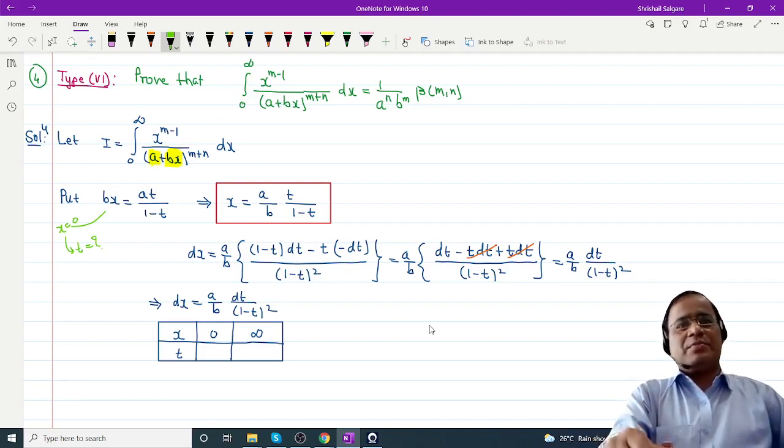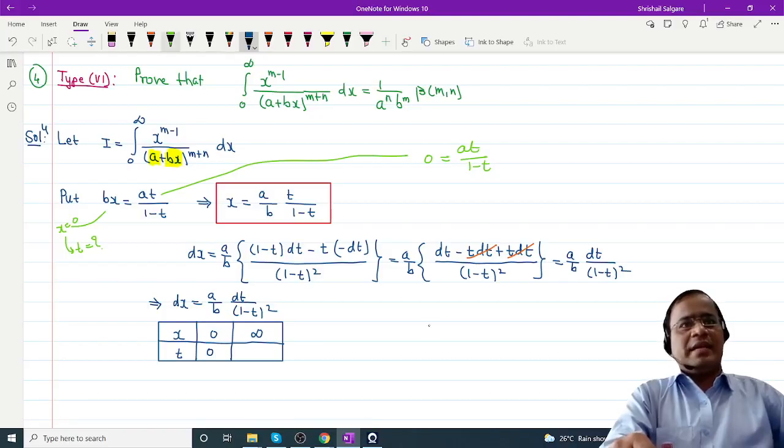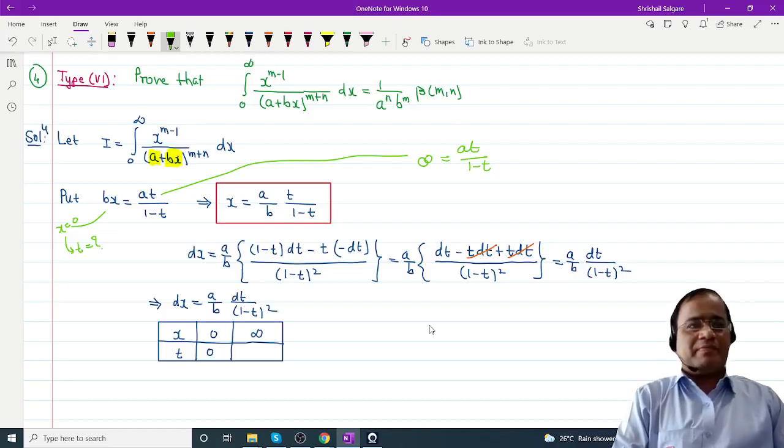When you substitute x is equal to 0, this will simplify as 0 is equal to at divided by 1 minus t. Now you simplify this equation, t you will get 0. Okay. Now next one, when you substitute x is equal to infinity, the left side becomes infinity, then what is t? Infinity, sir. Okay, one answer is infinity.